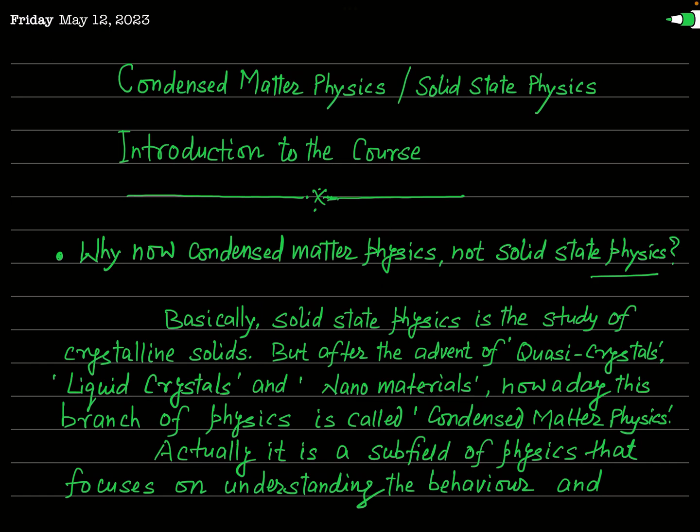So let us see the introduction to this course. First of all, I have written condensed matter physics and solid state physics. In fact, in early days this subject was called solid state physics, but now in most universities' syllabi, instead of solid state physics, you find the chapter name condensed matter physics.